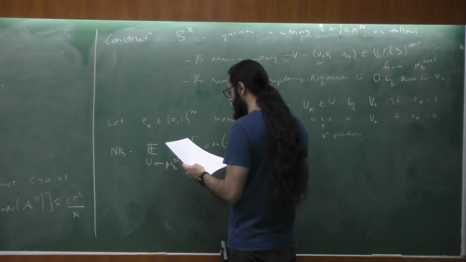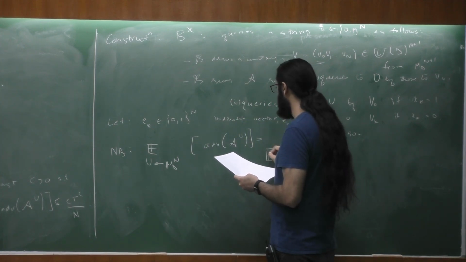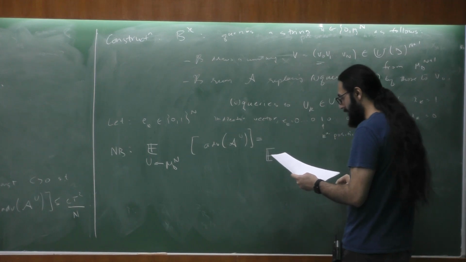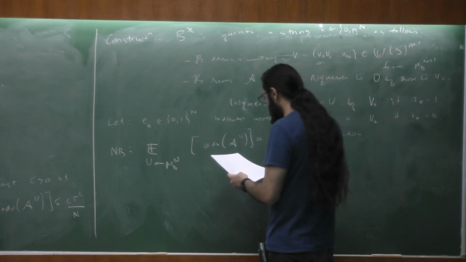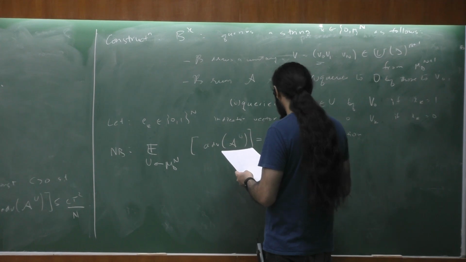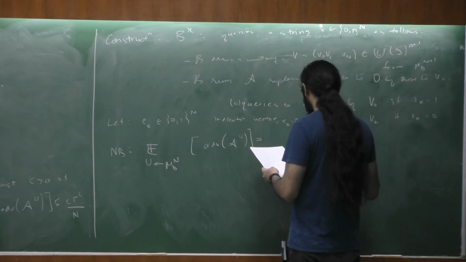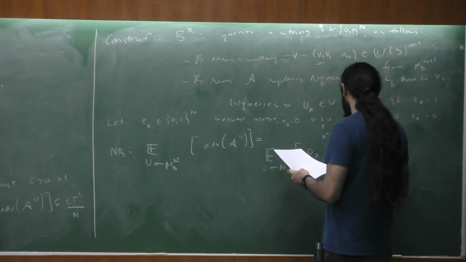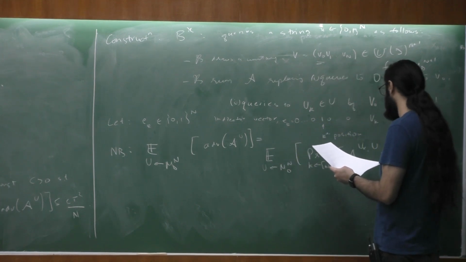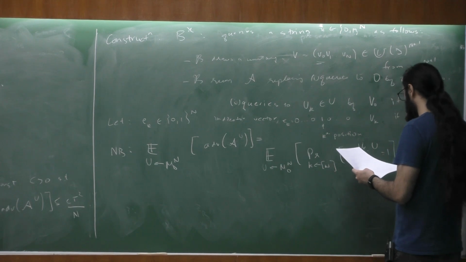And this advantage for the algorithm A can be written, just from the definition and by linearity of expectation, as follows: the probability that A with O and U_k equals 1, minus the expectation over U sampled from mu sub N of the probability that A with O and U equals 1.